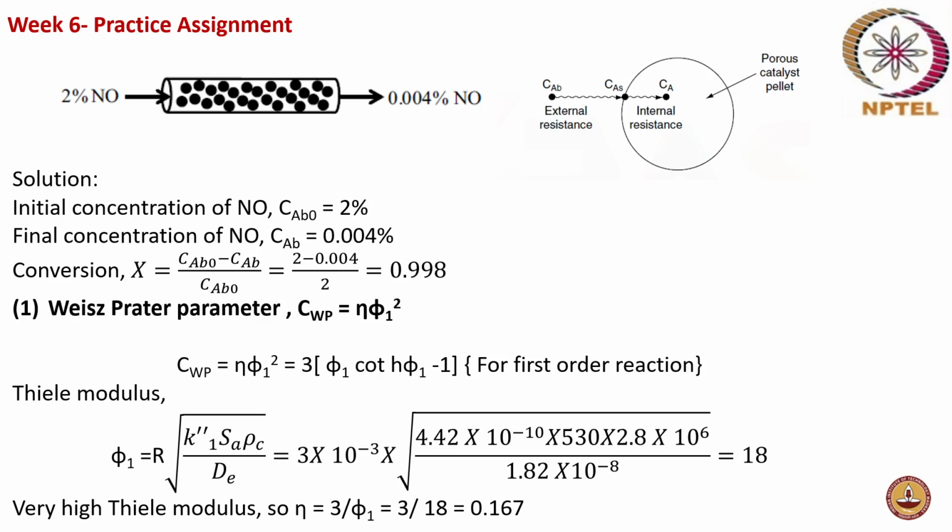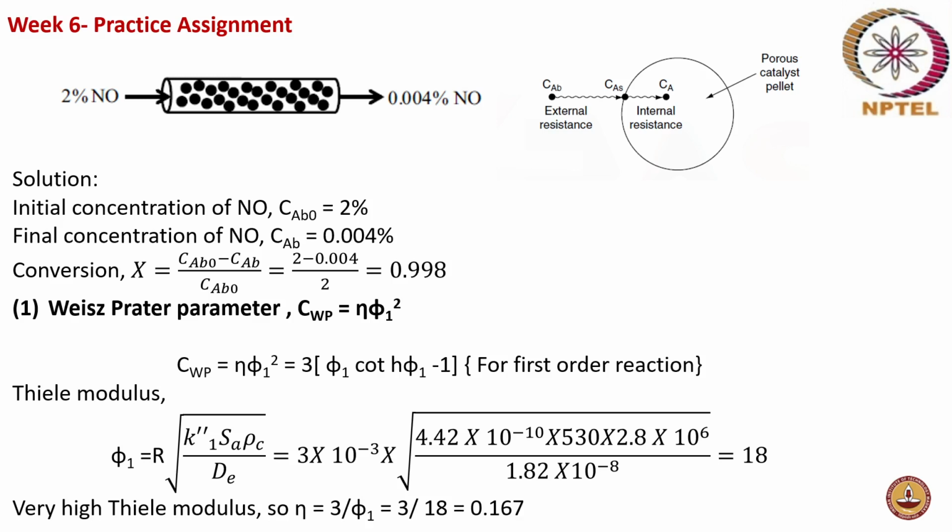That means the denominator of the Thiele modulus, your diffusivity, is very small compared to the numerator. The Thiele modulus formula gives the rate of reaction at the catalyst surface condition relative to the diffusion rate.